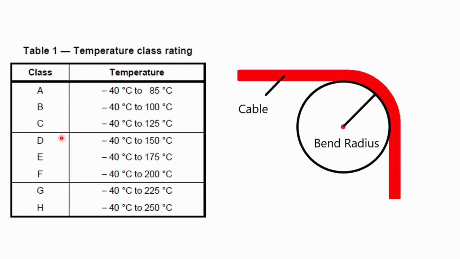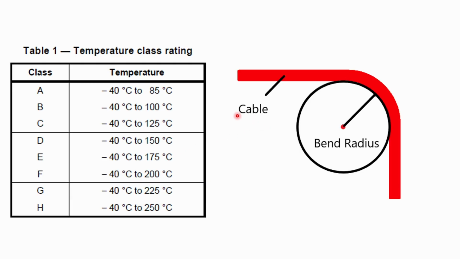As the class increases, the temperature rating of the wire increases. So the D class wire can withstand minus 40 degrees Celsius to 150 degrees Celsius. The temperature is a very important selection factor in the designing of wiring harness, and the temperature class has to be selected accordingly.